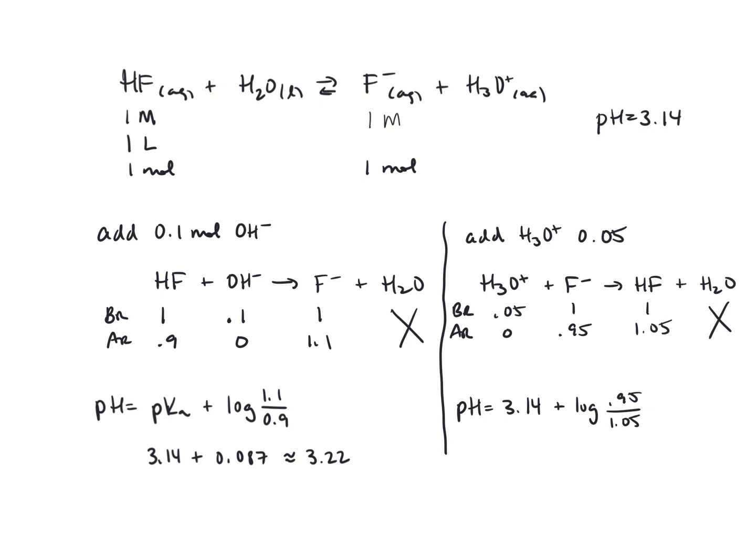Okay, we go 3.14 plus log 0.95 over 1.05, and that gives you a pH of 3.09. So you can see in this instance how the buffer can resist changes in the pH when you add a strong acid or a strong base to it. Okay, so hope that gives you a good solid background in buffers. Hopefully the understanding comes along soon enough, especially as we move into titration soon. Okay, that's it.